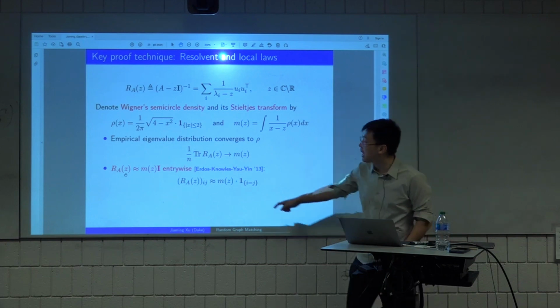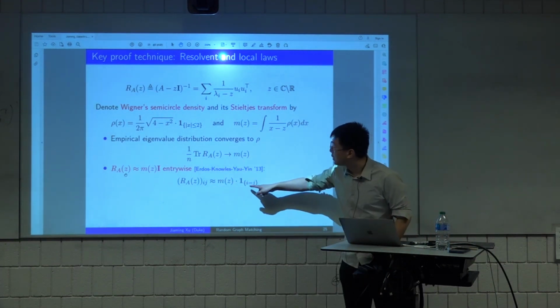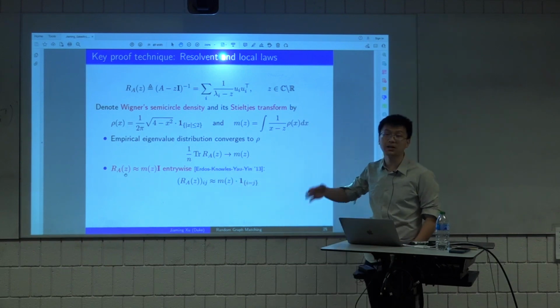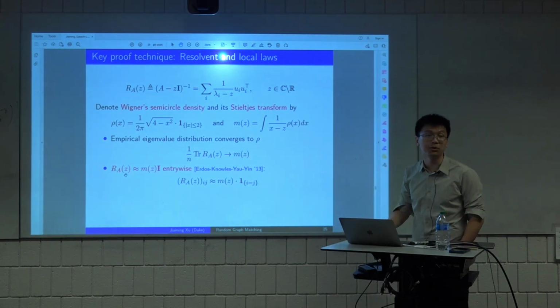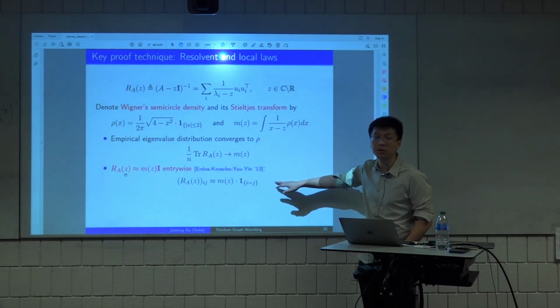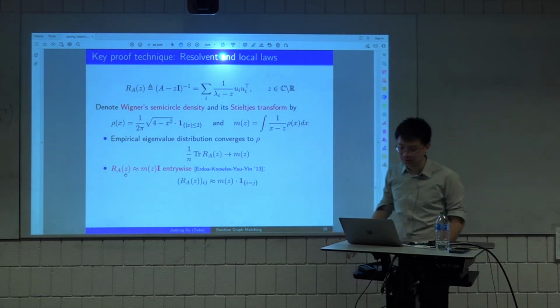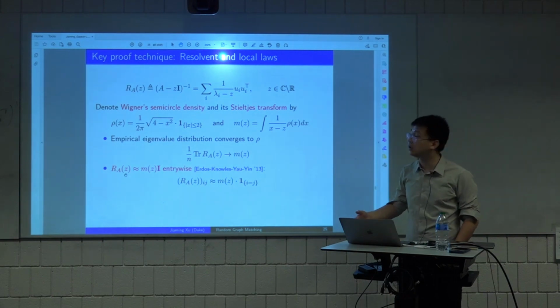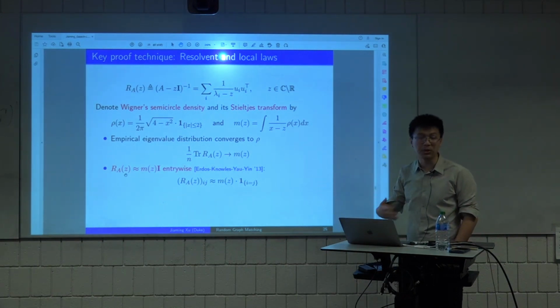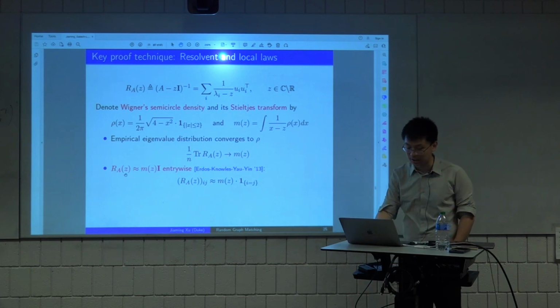If you look at the (i,j) entry, if i equals j, the diagonal part should be roughly equal to m(z), and the off-diagonal part should be roughly equal to 0. There are more precise error bounds on this approximation, but at a high level, these local laws show that the resolvent is close to m(z) times identity entry-wise.